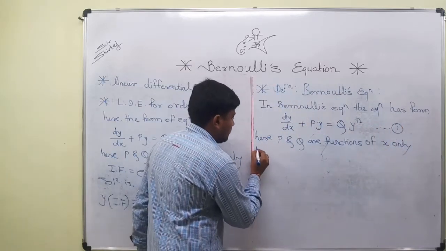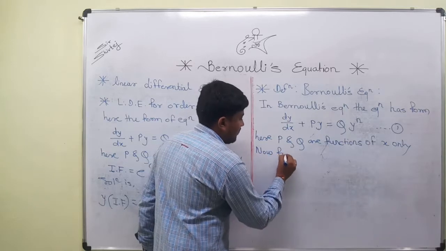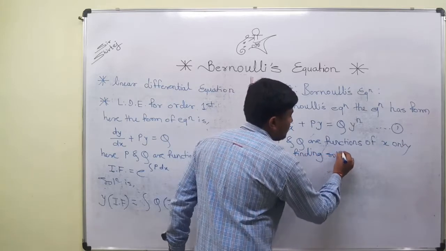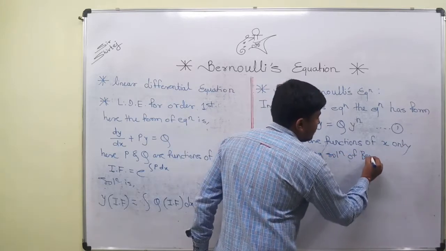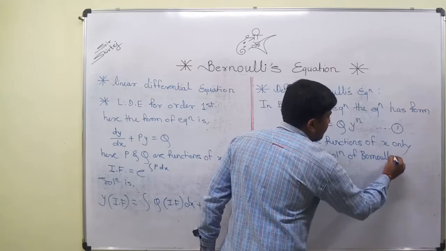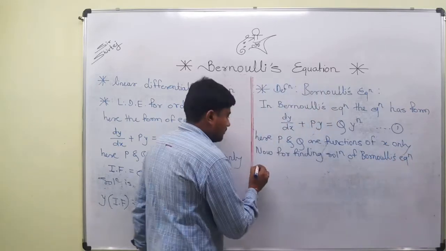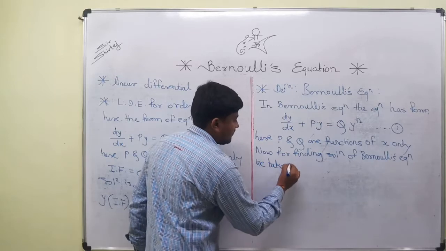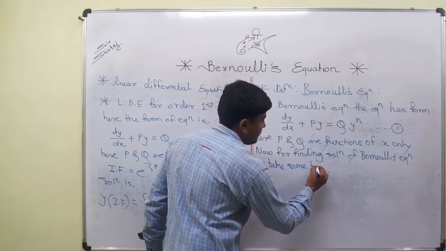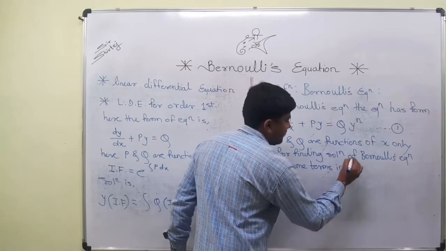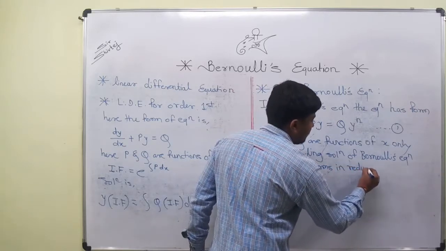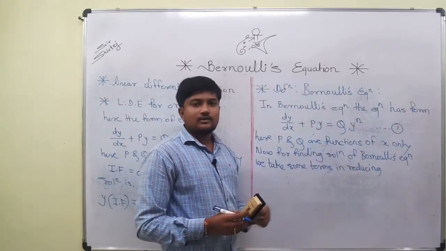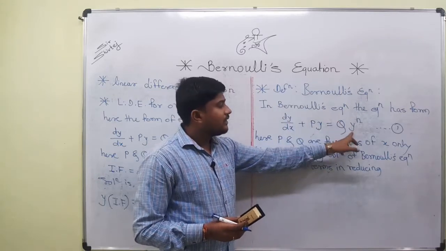Now, for finding the solution of Bernoulli's equation, we reduce or eliminate the term y raised to n.